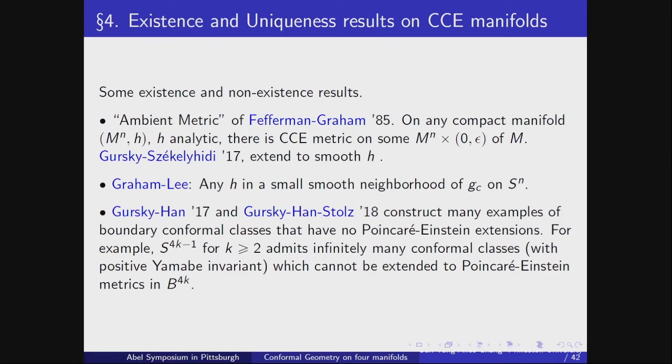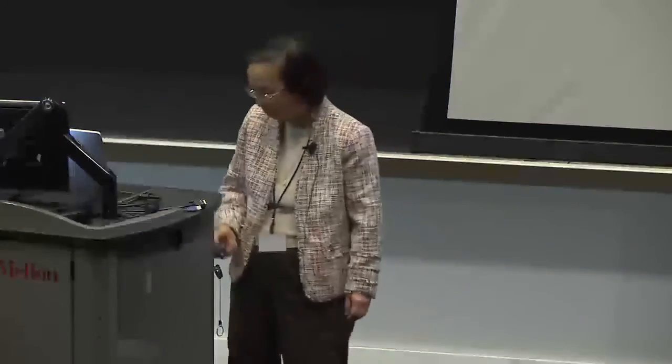So if you constrain yourself to B^8, then S^7 cannot be the conformal infinity of B^8, when the metric has positive Yamabe constant. This construction uses the Atiyah-Singer-Patodi index theorem.